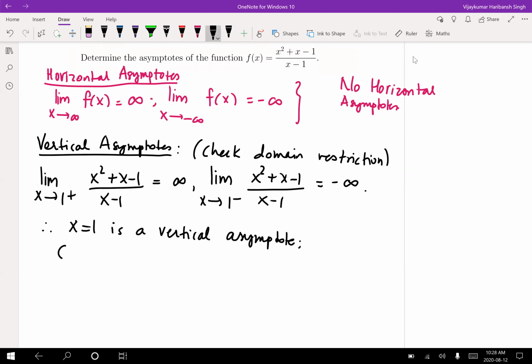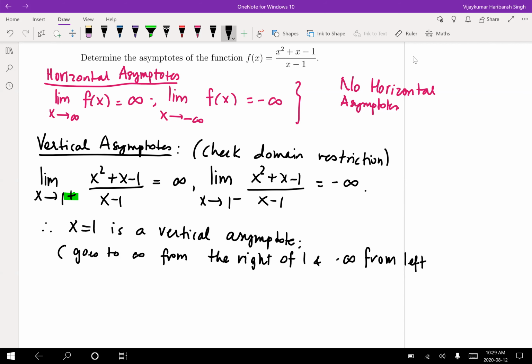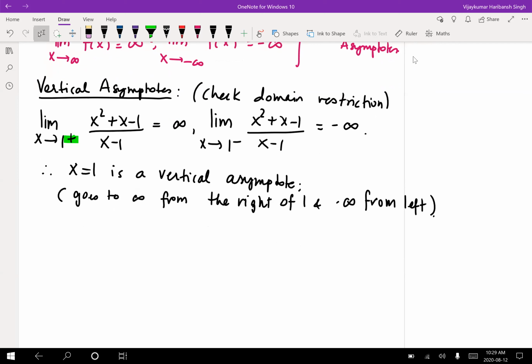It goes to infinity from the right, because of this part here, right? 0 to the right of 1, and minus infinity from the left. So that is the vertical asymptote.